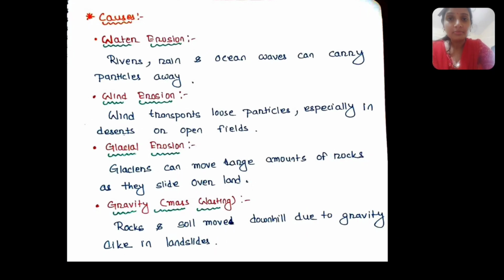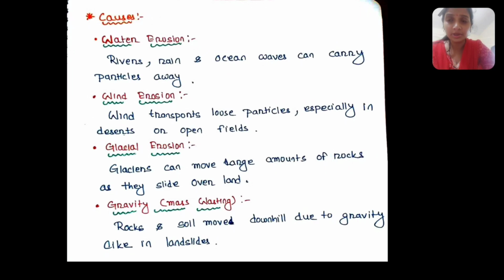And when wind is responsible for the transport of rocks or minerals, it is known as wind erosion. Winds can transport loose particles, especially in the desert region or in open fields.